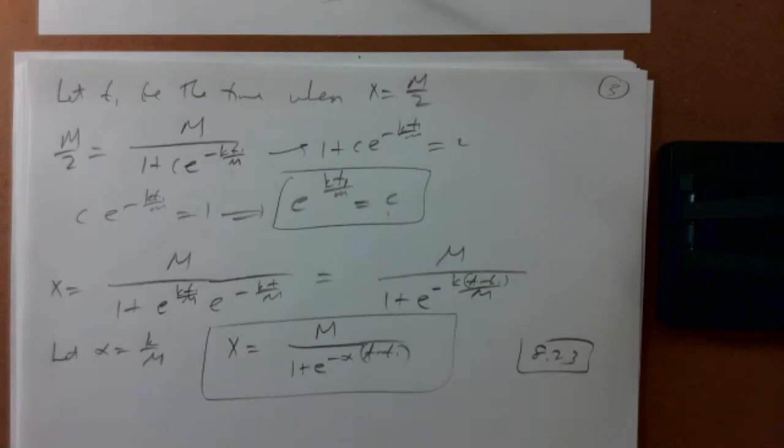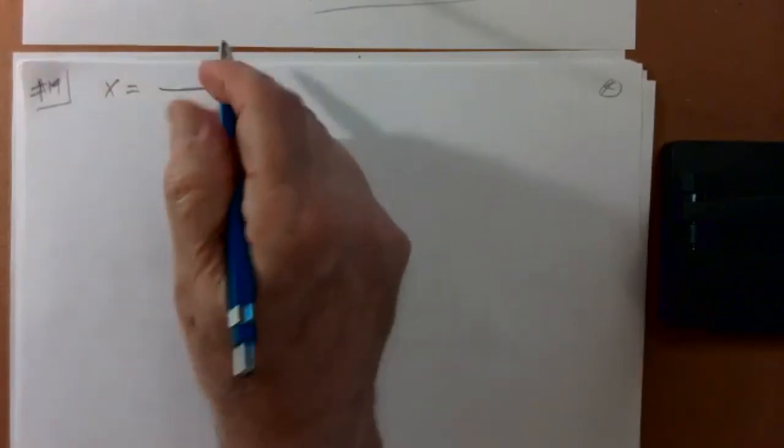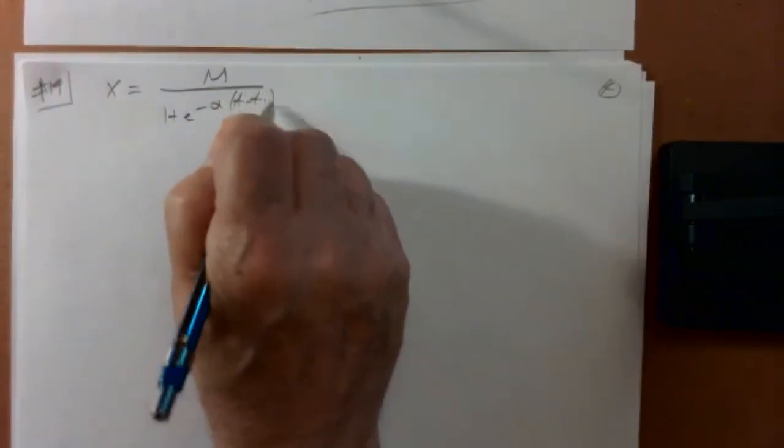Any questions about this? Okay, so this was number 13, which we needed to do in order to solve problem 14. So problem 14 says, assume the growth law in formula 8.23. So the population at time t is of the form m over 1 plus e to the minus alpha times t minus t1.